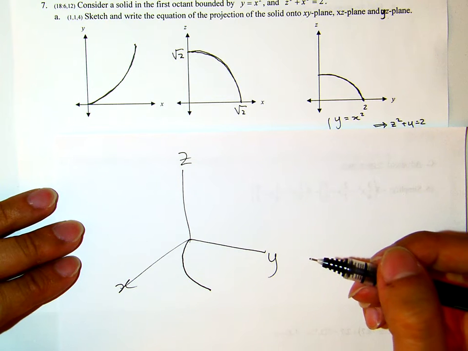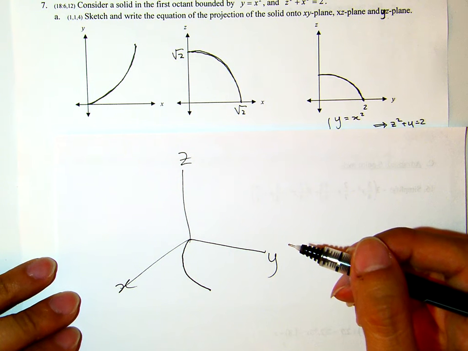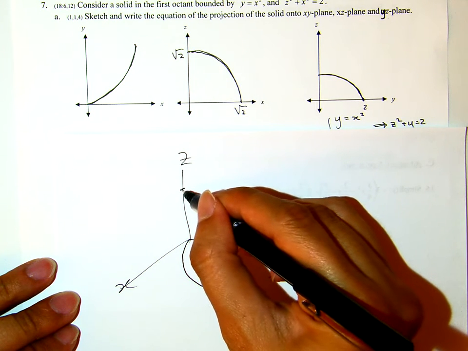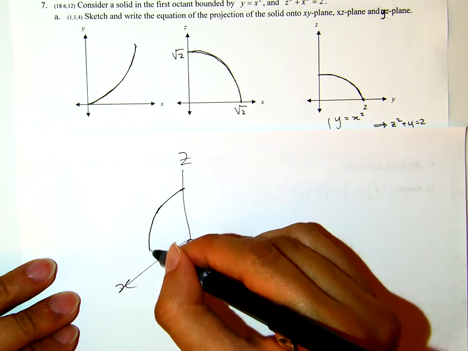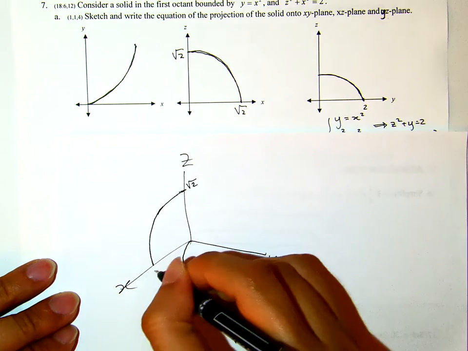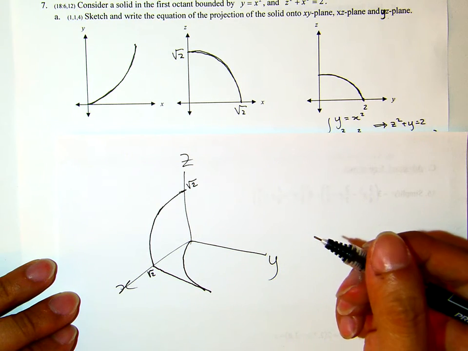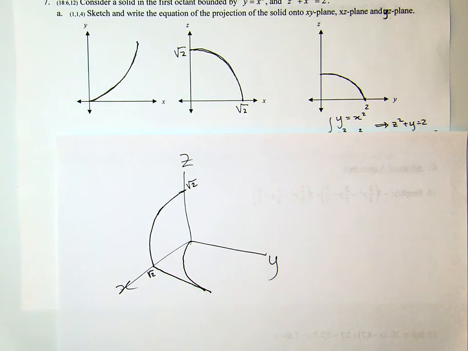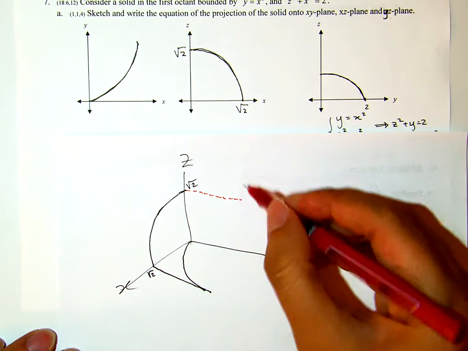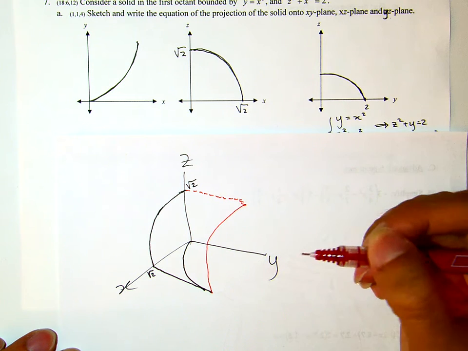On the xz, it is part of a cylinder, z squared plus x squared, with the radius radical 2, right? So if this is part of the cylinder in the first octant, this is radical 2 here, this is radical 2. You can see that because it is a cylinder, it cuts this way. Let me do the shadowing. Hope you can see that this is what it looks like.